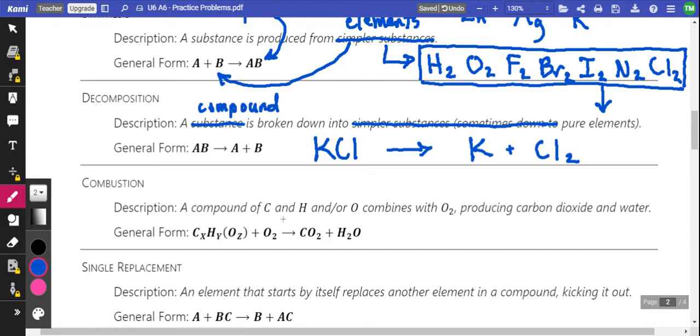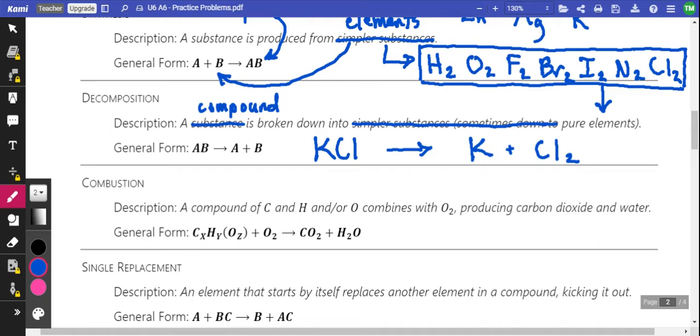Combustion is probably the easiest to identify if you have the products. If not, it's still pretty easy to pick out because it's very particular. In combustion, we have to have something made of C's and H's and maybe some O's react with some O2. We end up making carbon dioxide and water every time.